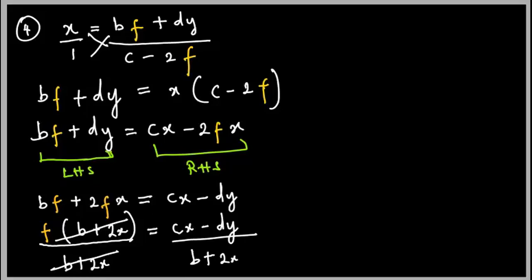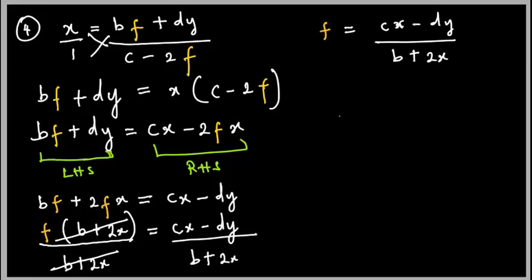And finally, our f is now equal to cx minus dy all over b plus 2x. So this is our answer.